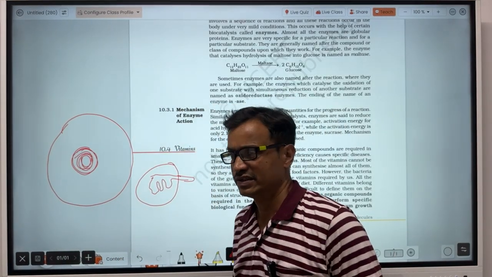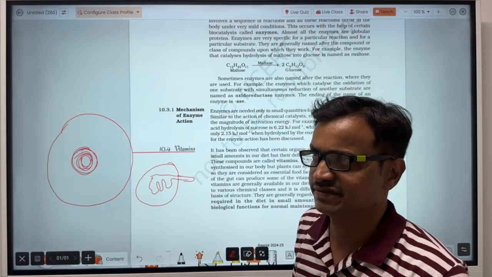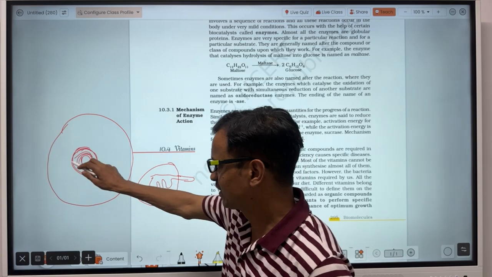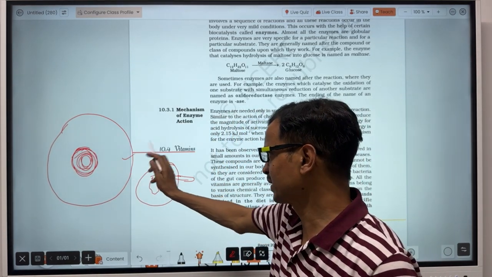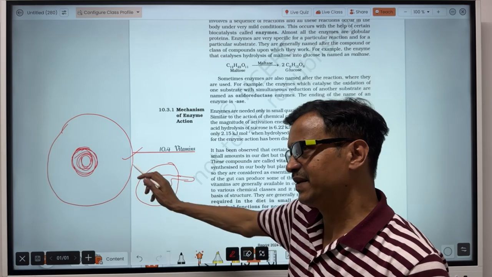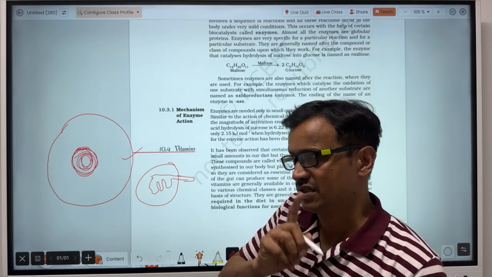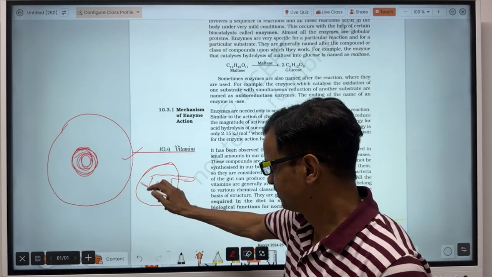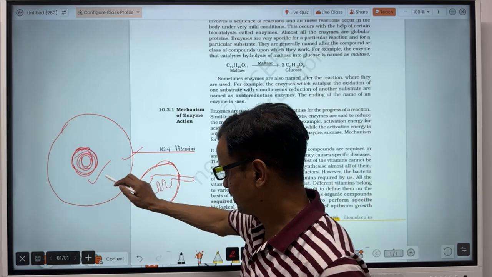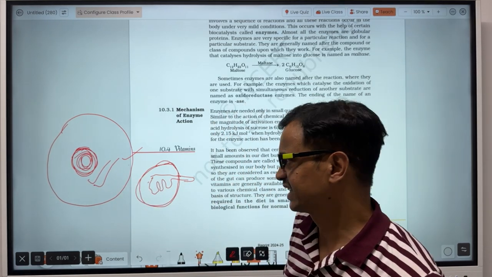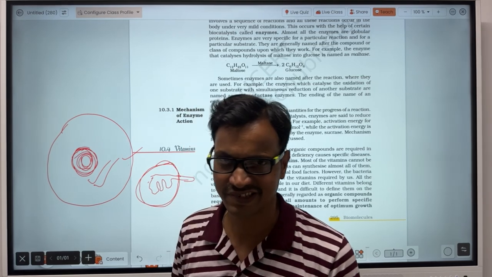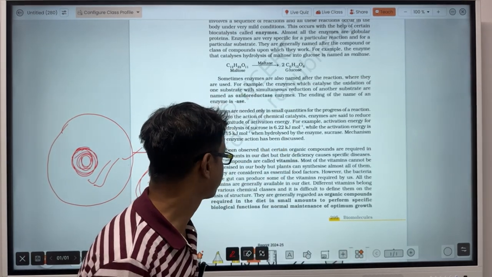In the same way, with an enzyme and substrate, the enzyme will act only on those substrates whose shape is complementary to that of the active site of the enzyme. So that is the mechanism of enzyme action.